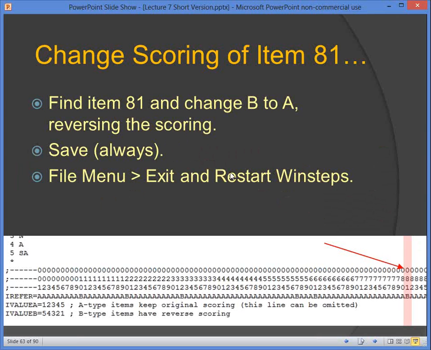So that's your workflow in WinSteps: edit the command file, save your changes, exit and restart WinSteps.